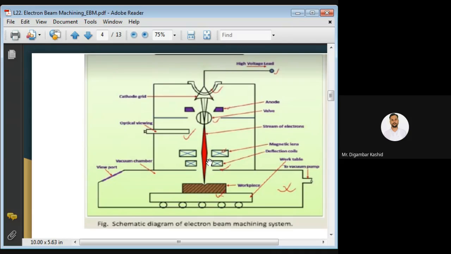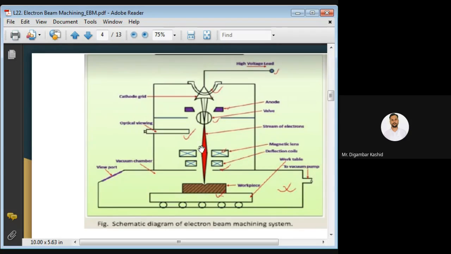With the help of the magnetic lens we can concentrate on only a certain point, so it reduces the diameter of your electron beam, passing towards your workpiece. So it concentrates into a smaller diameter beam.